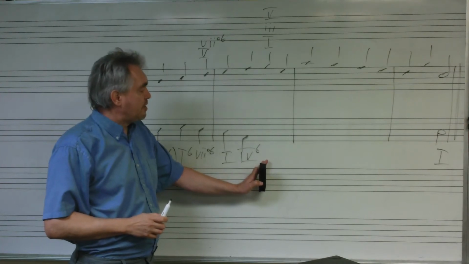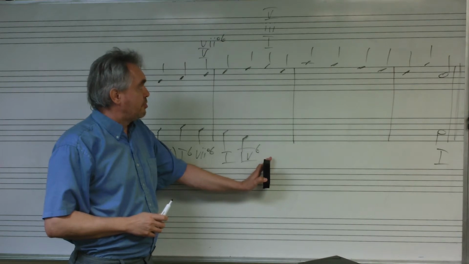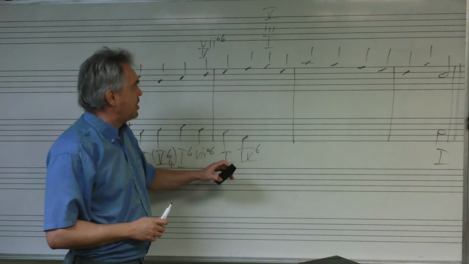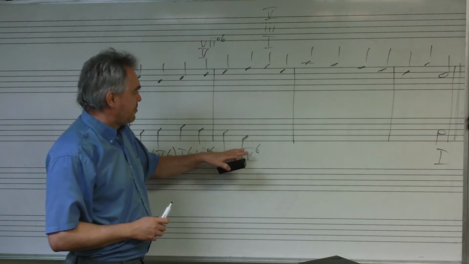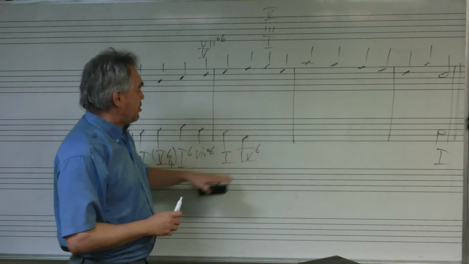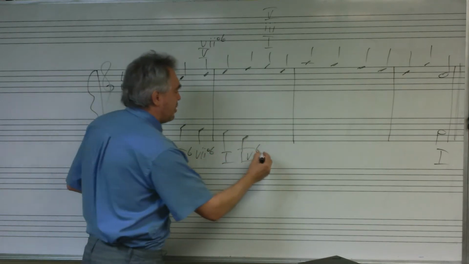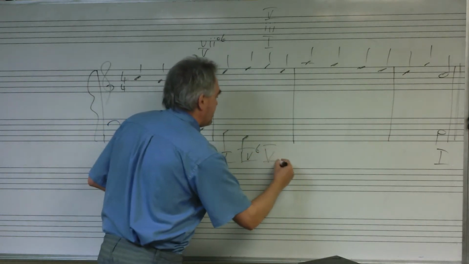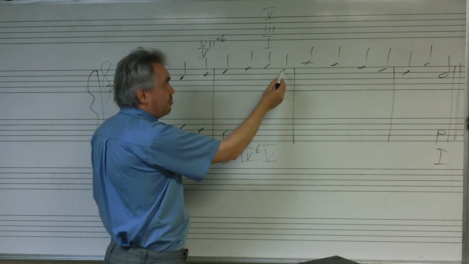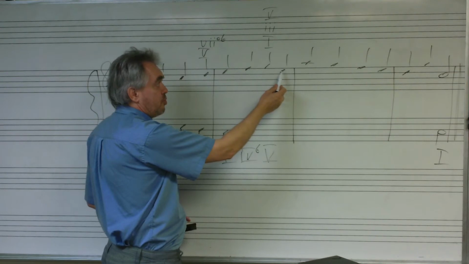Well, we can if we put the I in first inversion, and maybe that is an option, but we would have to change our bass here. We could also go to V, and looking ahead, this E could be harmonized with Roman iii, Roman I, or Roman vi.